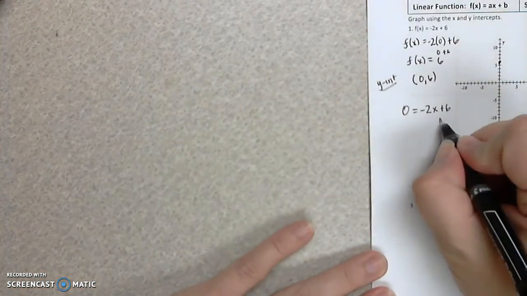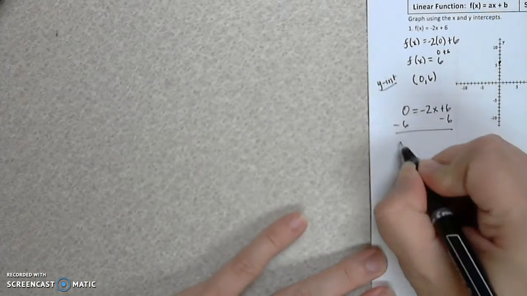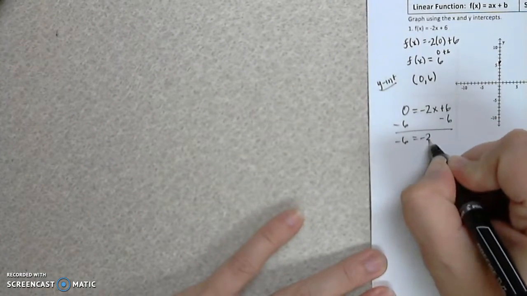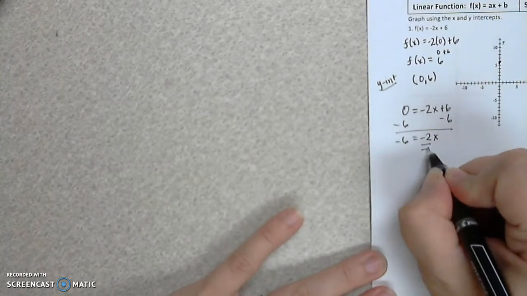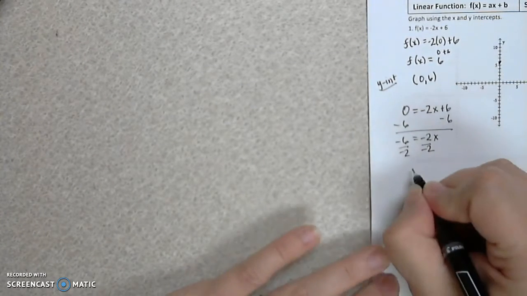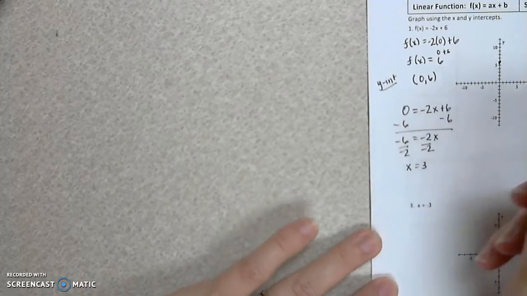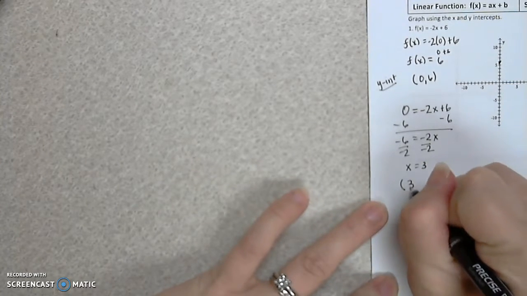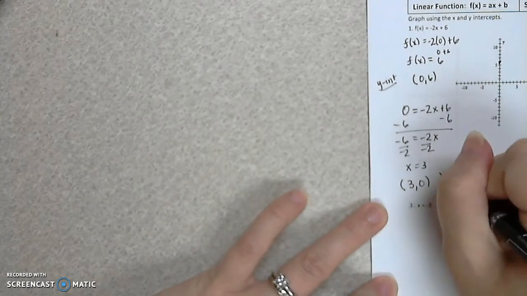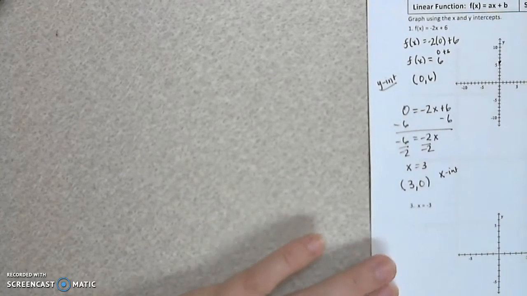And then we're going to subtract 6 from both sides. We'll have negative 6 equals negative 2x, divide by negative 2, and we find that x is a value of 3. So that gives us the point 3, 0, which is the x-intercept.